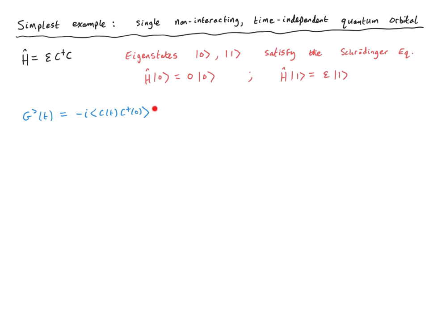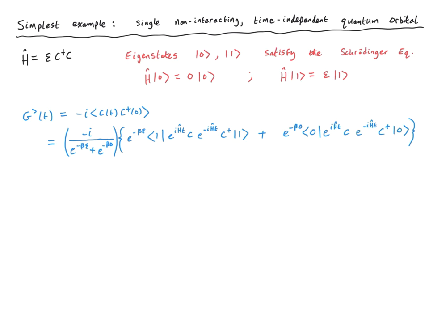We can now evaluate explicitly this expression in exactly the same way as we did for the g lesser. Using the previous definitions of the time evolution of the operator c of t, and also using the expression for the expectation value from statistical mechanics, we obtain the following. This is exactly analogous to the g lesser function that we considered previously. As before, we can immediately make some simplifications.